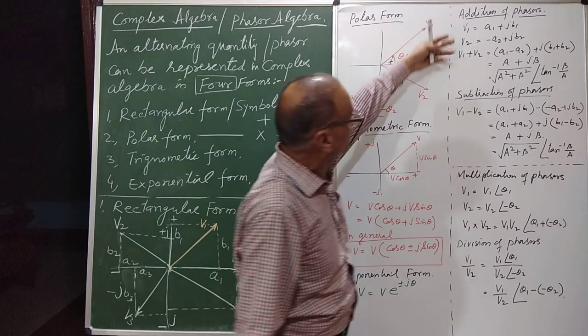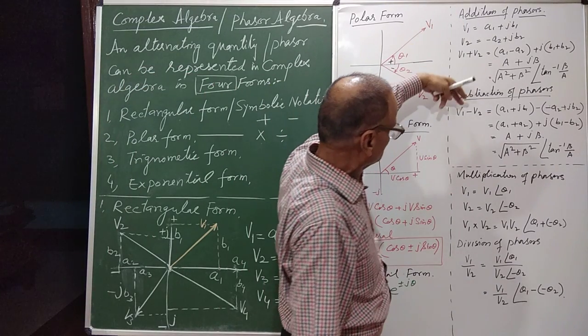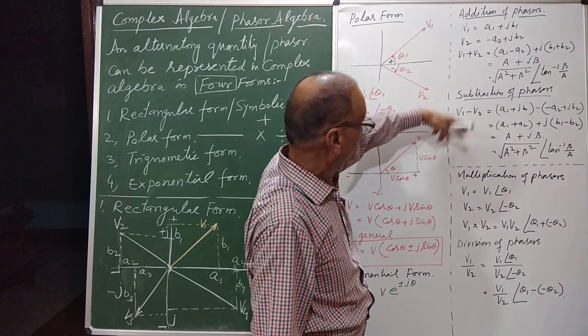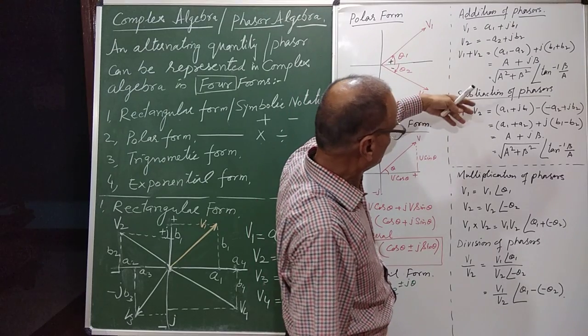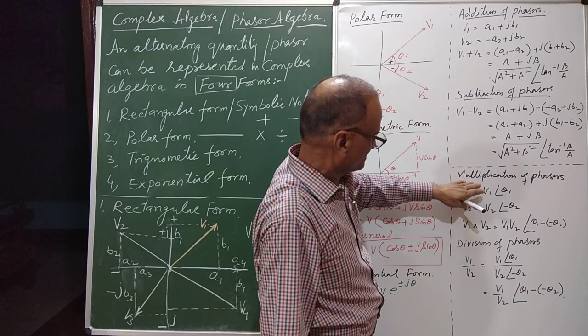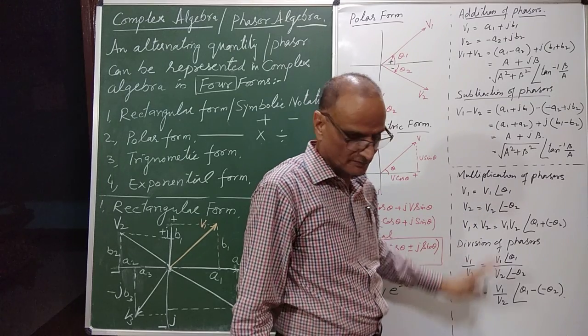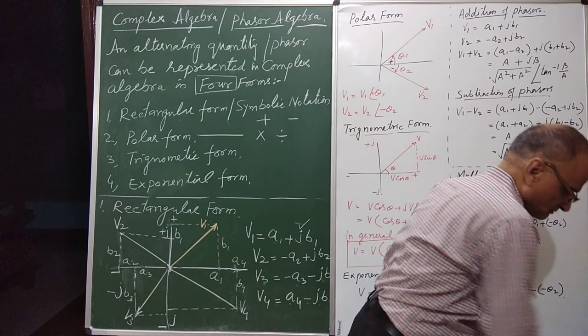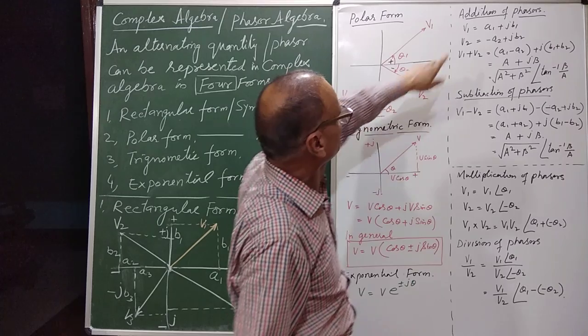So I have shown the addition and subtraction of phasors in rectangular form, and multiplication and division in polar form. Now let us see how we can perform addition and subtraction.